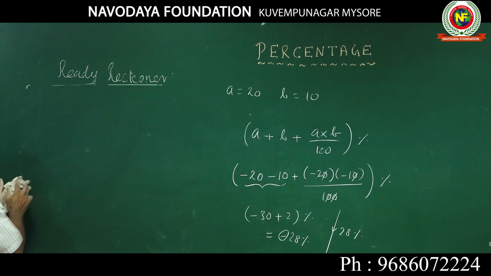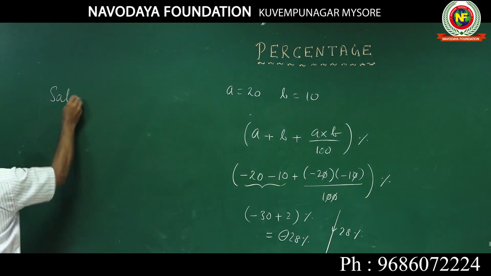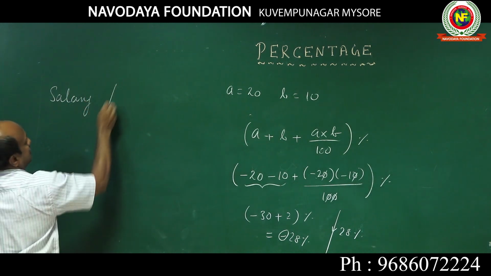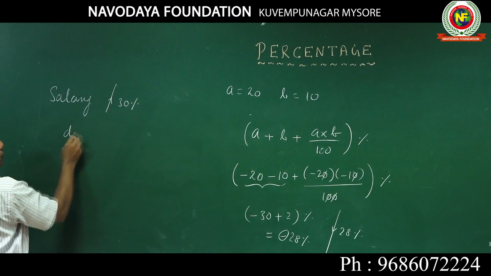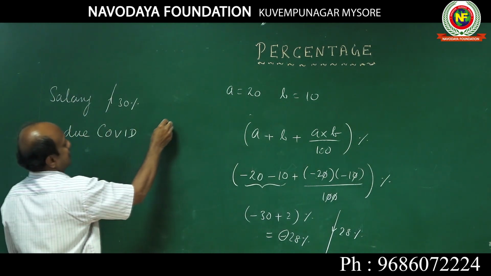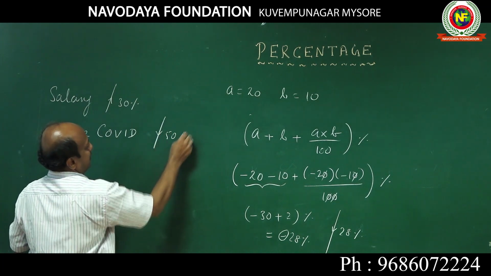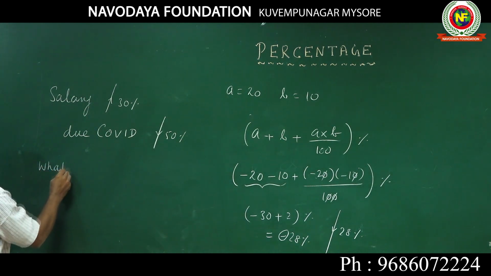For example, a person's salary is increased by 30%. Due to COVID, his salary is decreased by 50%. What is the effective change on his final salary?